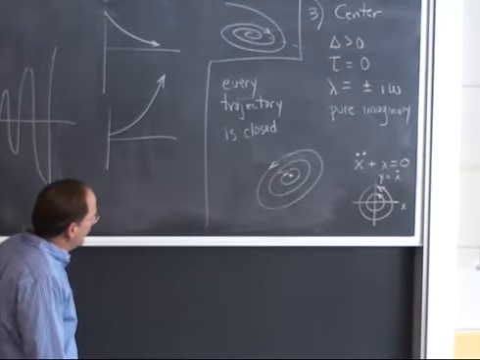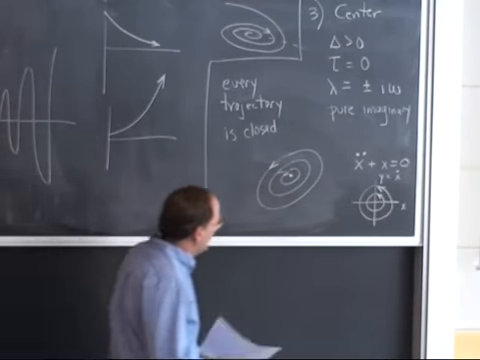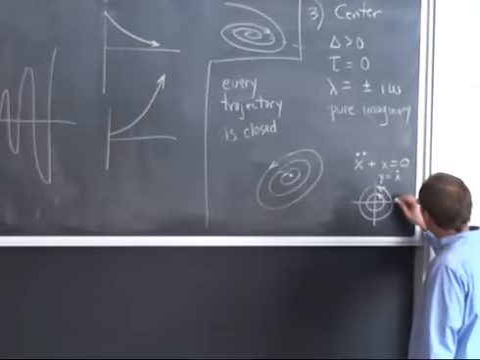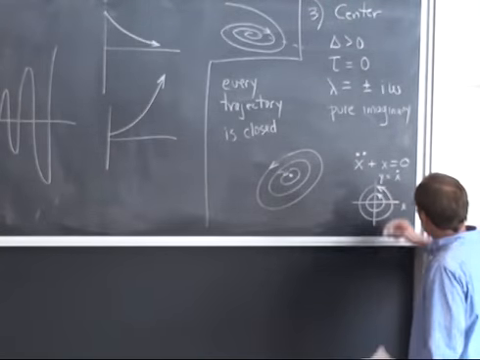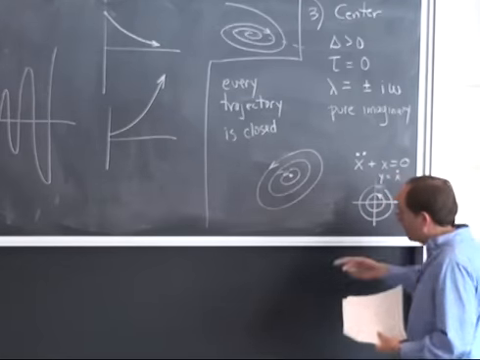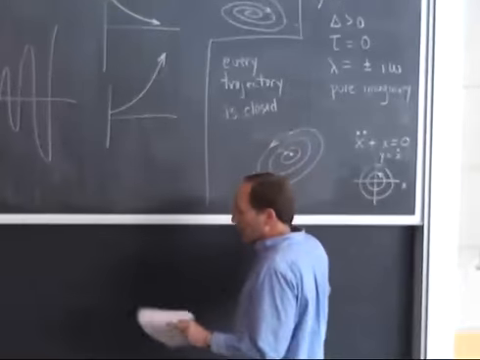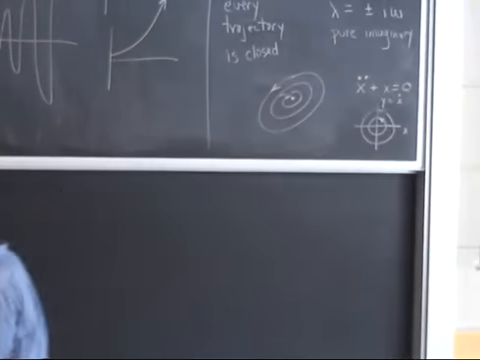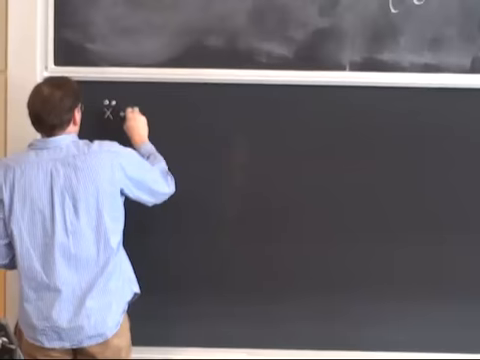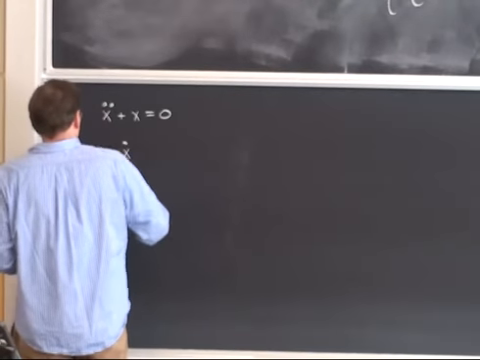Except I think I've drawn, let's see now. It looks like I have that upside down, don't I, in terms of the arrows. Do I? Yeah, I think that's not right. Here, maybe this is a good place to illustrate how to draw the arrows. Why don't we just draw one? We could do this by hand. That is, if we had x double dot plus x equals 0, we could convert that by saying y equals x dot.